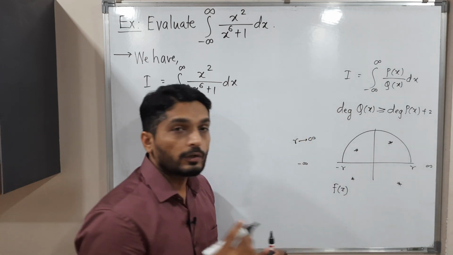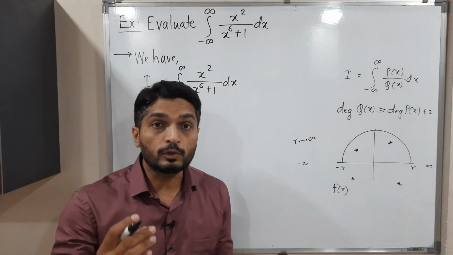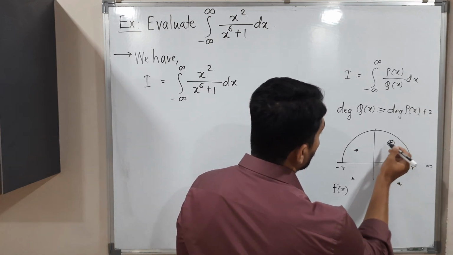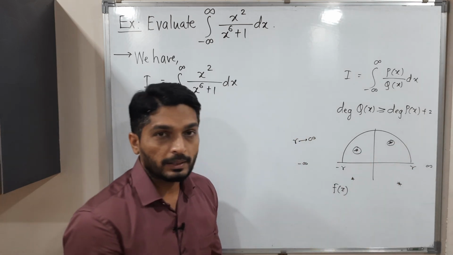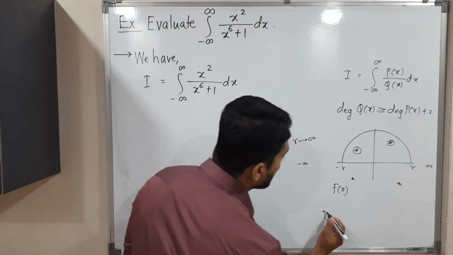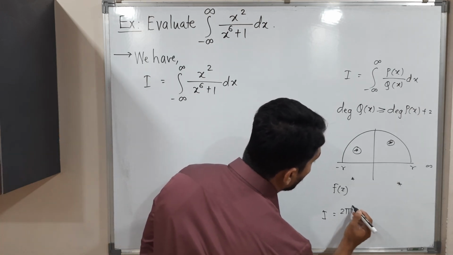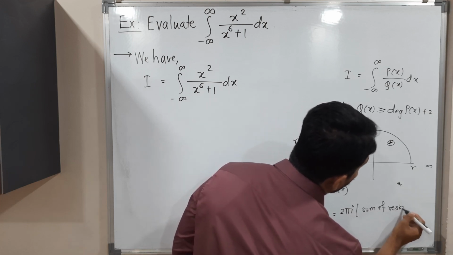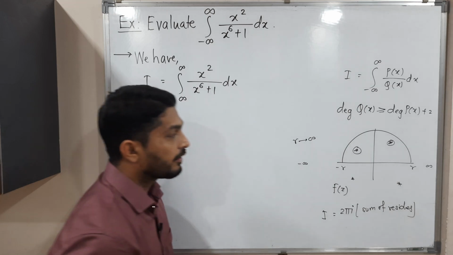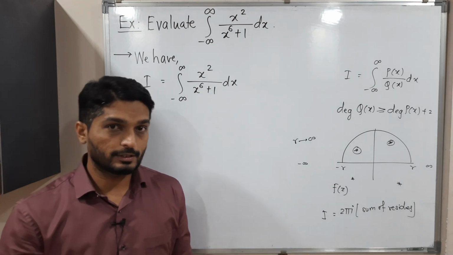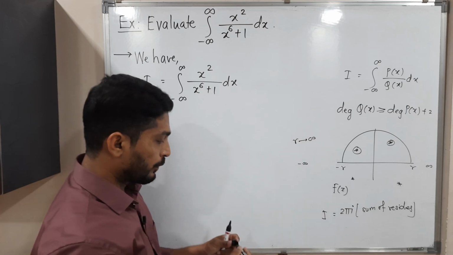Getting? So we give importance to the singular points which lie in the upper half plane like this. We find the residues at those points, and the value of the integration is 2 pi i times the sum of residues. So in this way we find the value of a real integral with the concept of residue. The same method we are going to follow here.